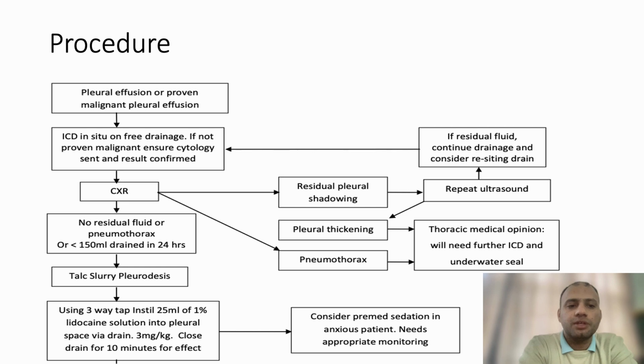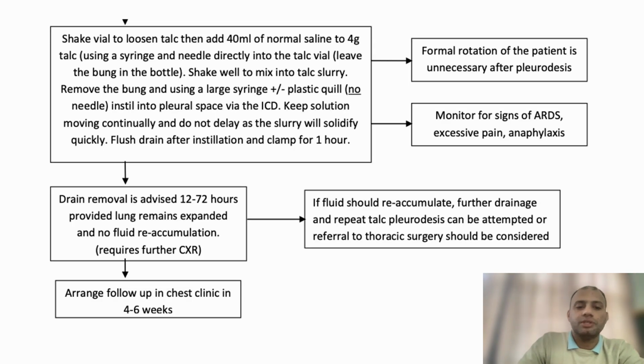If there is a pleural effusion or proven MP or ICD in situ on free drainage and the lung is expanded properly, and we have seen the proper indication for pleurodesis, we can do the talc slurry pleurodesis as described in the previous section. And if there is residual pleural shadowing or pleural thickening, pneumothorax, thoracic, other ICD and underwater seal drainage or other mechanical procedures should be adopted rather than pleurodesis alone.